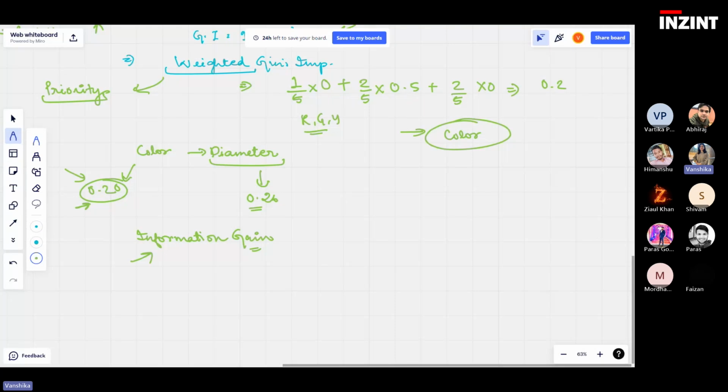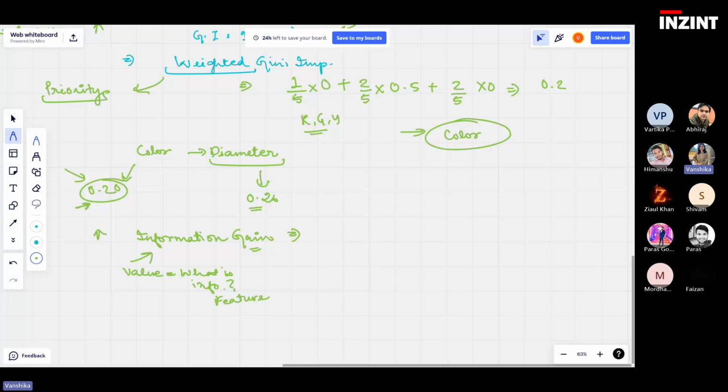It is the value which directly tells you what knowledge you have related to the feature. If information gain for something is more, that part of the feature will be used to split the tree.